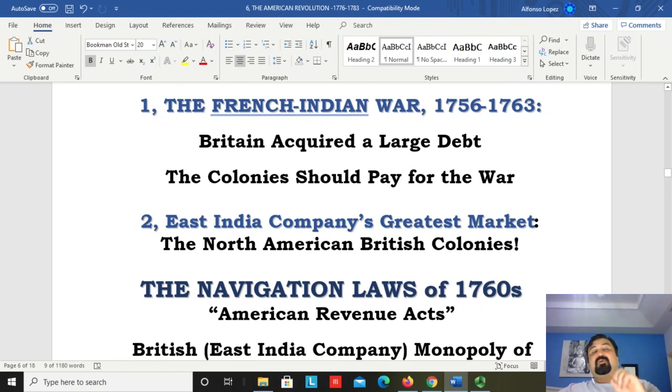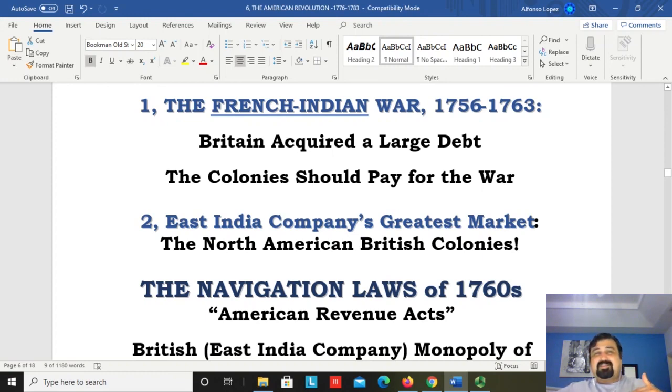But no, what we're going to see is that the East India Company is going to be given a total control, a total monopoly of the tea trade in terms of not only importing it, but also selling it inside of the colonies. And of course, they're going to actually sell it at lower prices.